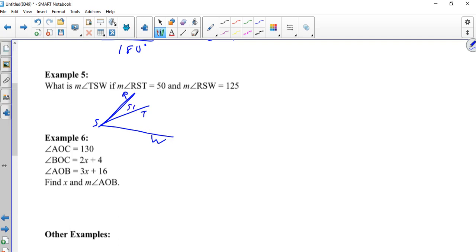So if this is 50, and this entire angle is 125, the measure of TSW, what we're trying to figure out, is simply 125 minus 50, which equals 75 degrees.